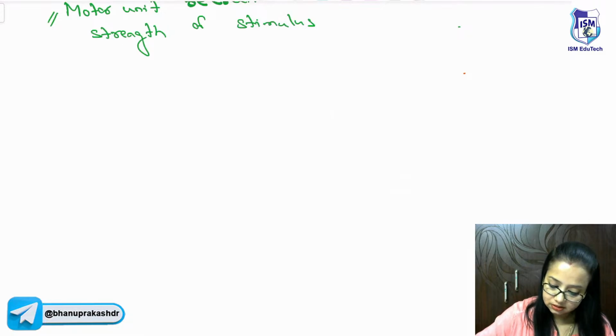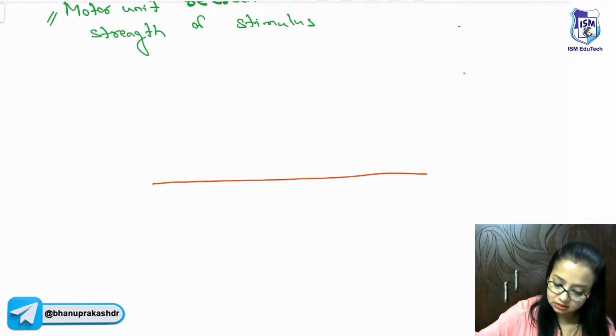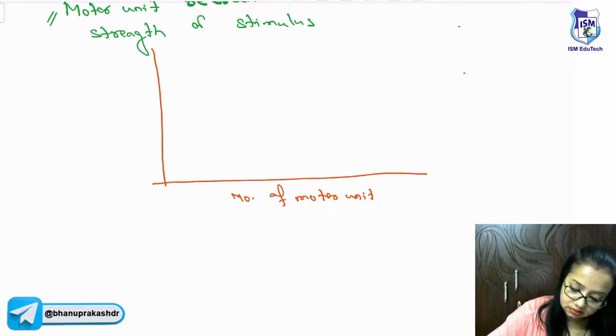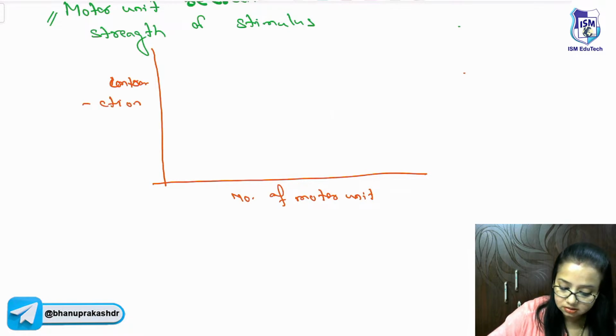Say this is the number of motor units, and this is the stimulus that has been applied, and this is the contraction of motor units.